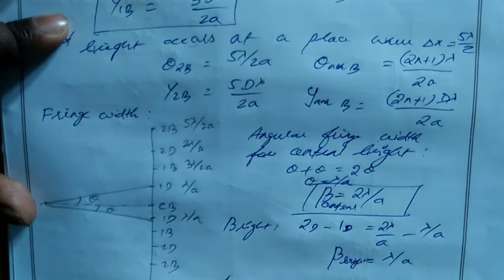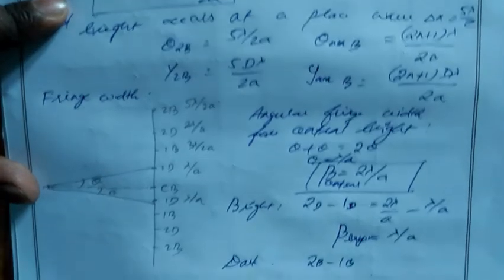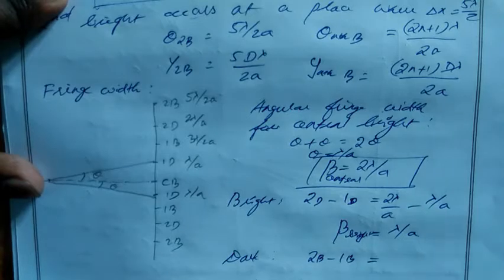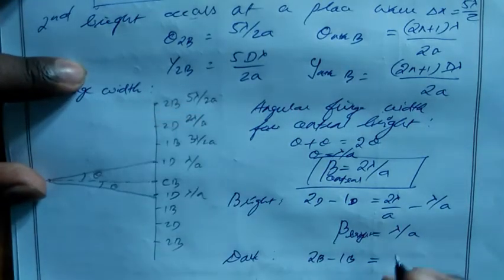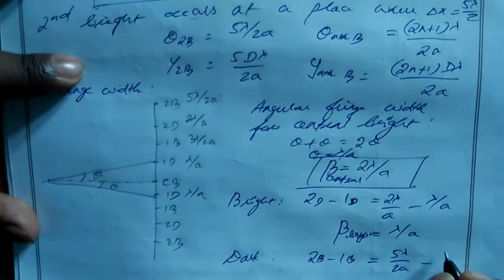Okay, so let's take dark fringe width. For dark, it is the distance between two consecutive bright fringes, so second bright minus first bright. What is second bright? Second bright is 5 lambda by 2a minus first bright 3 lambda by 2a.